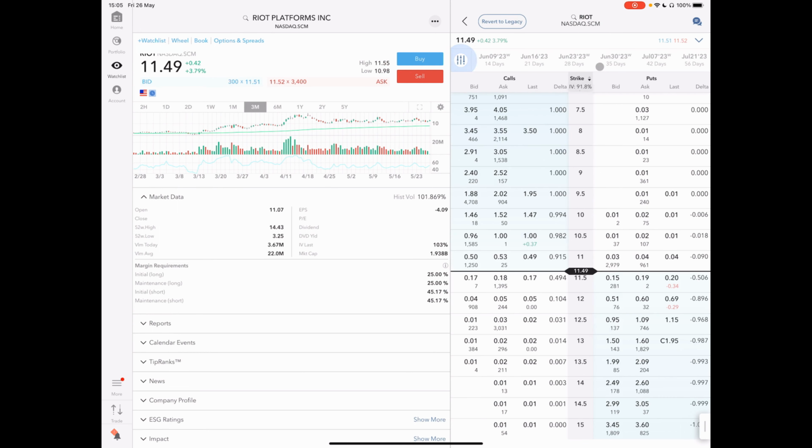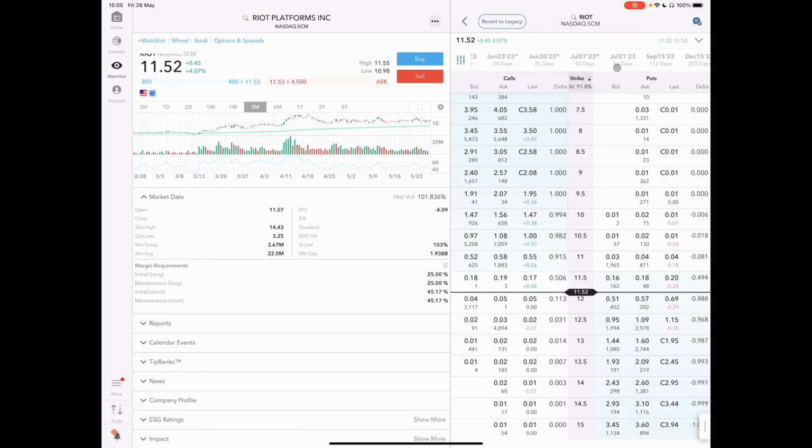So if we go to the July monthly cycle. I like to sell options on the monthly cycle, which I can either pick July 21st or I can pick June 16th. The reason I know these are the dates is because I do a lot of trades and I just know the dates by now. But you'll see there's a W on anything that's not a monthly cycle, which basically means it's the weekly cycle.